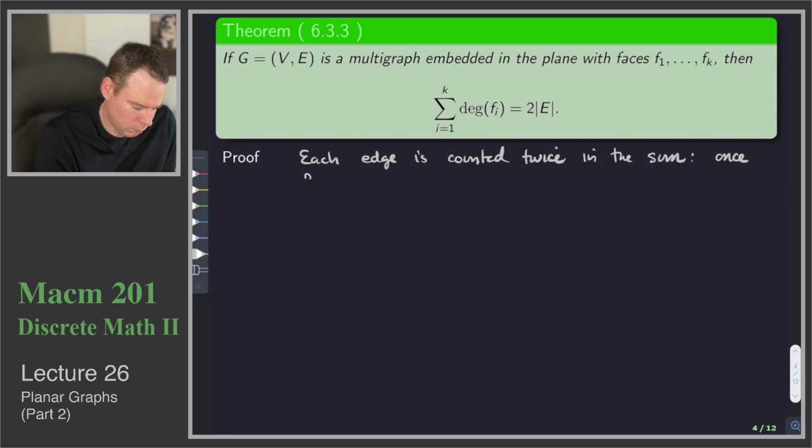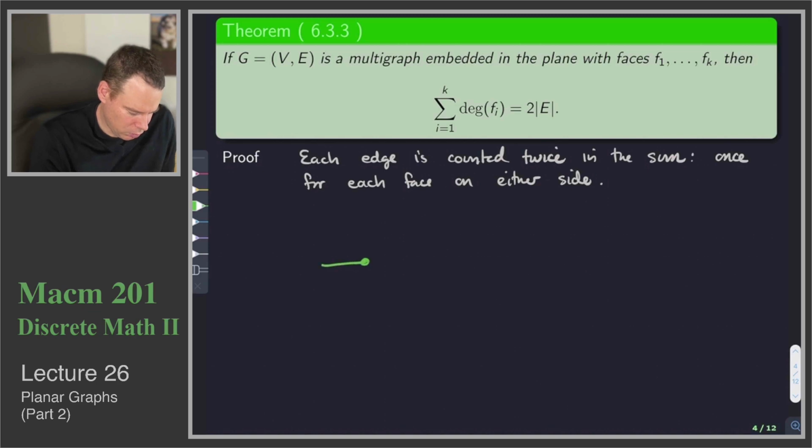Once for each face on either side. A picture of this could be: if our edge E was part of a facial walk that looked like this, then it would get counted in the degree of Fi. It would also get counted in the degree of Fj.